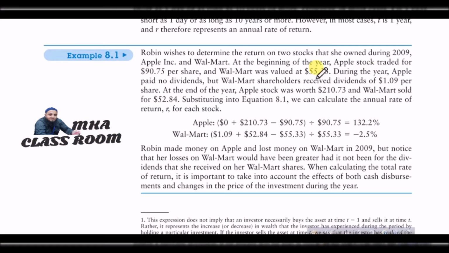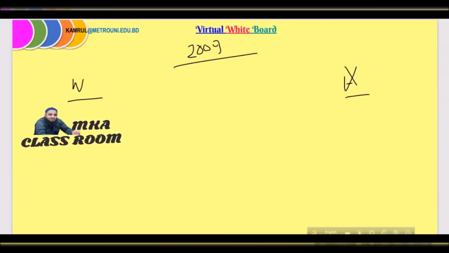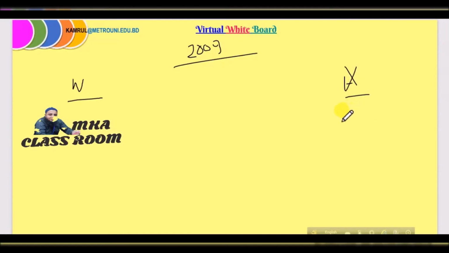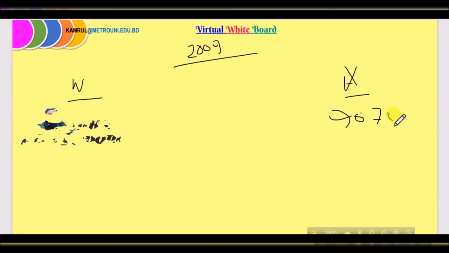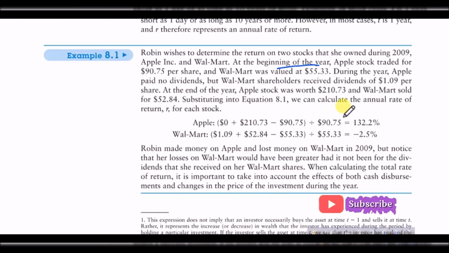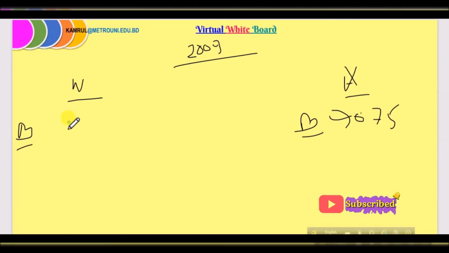At the beginning of 2009, Apple traded at 90.75, and Walmart's value was 55.33.